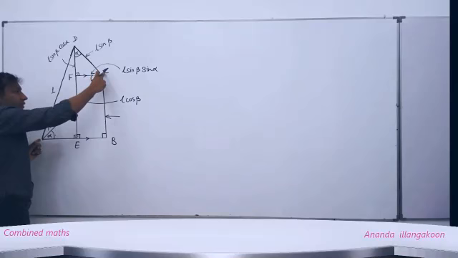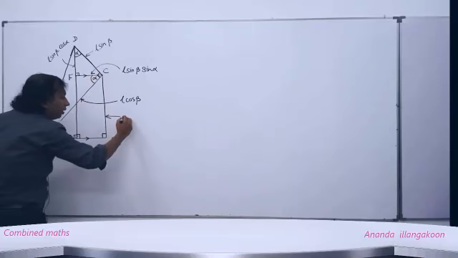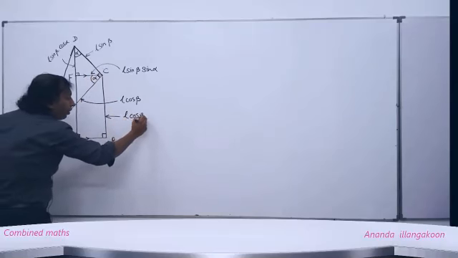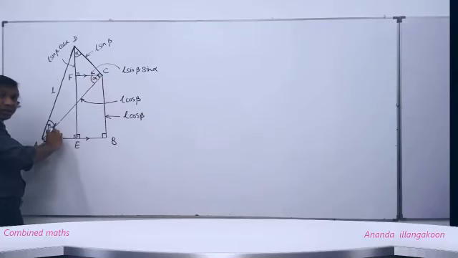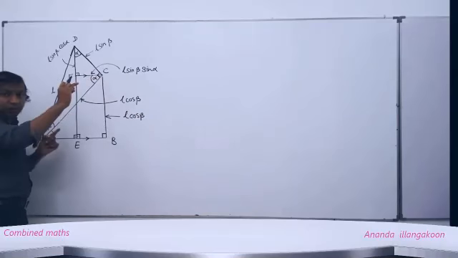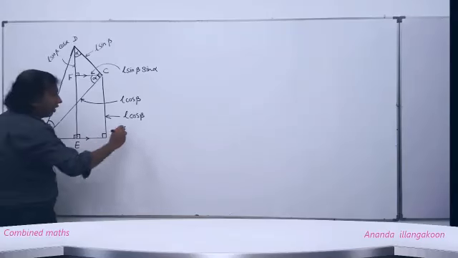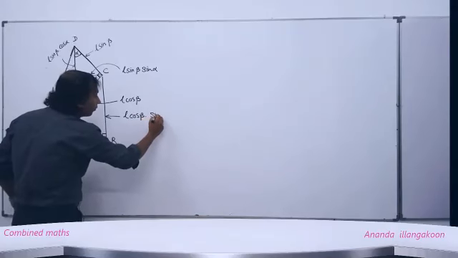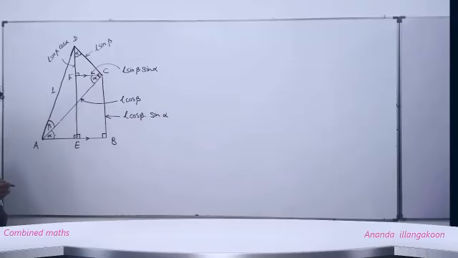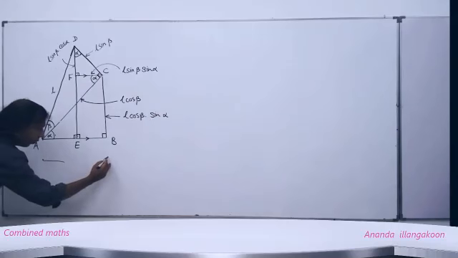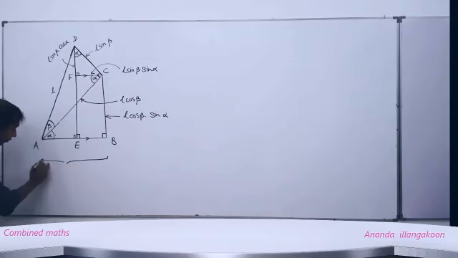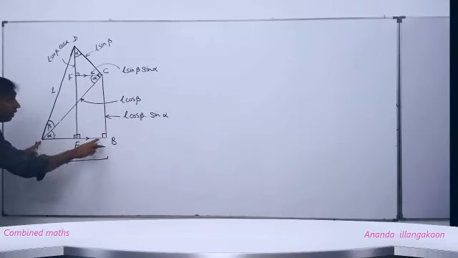The hypotenuse is L cos beta, so BC is L cos beta sine alpha. And this whole AB is the adjacent side in triangle ABC.